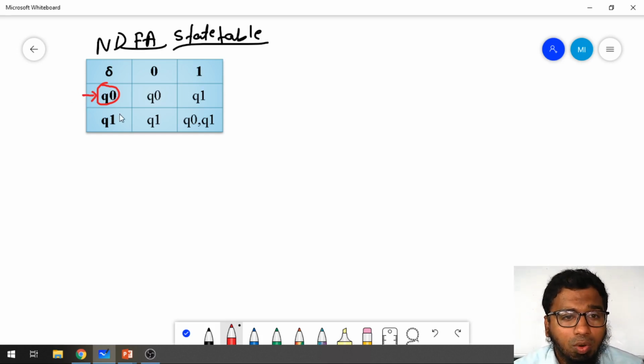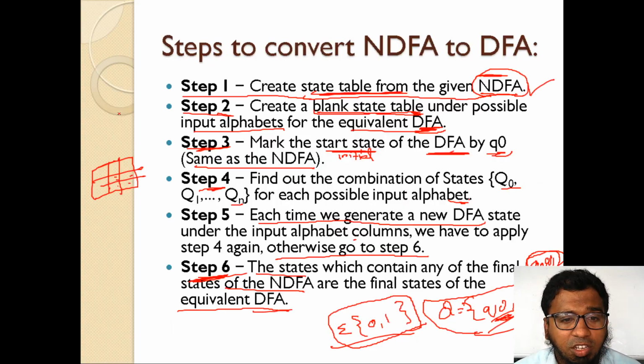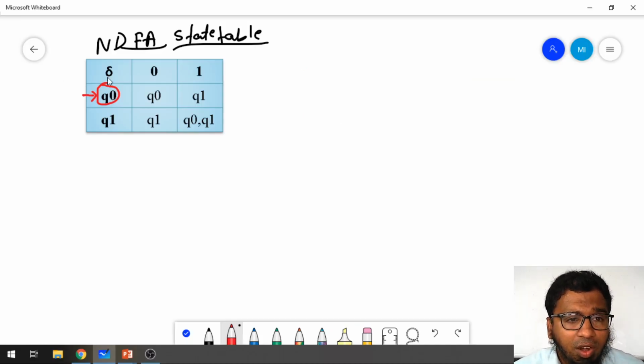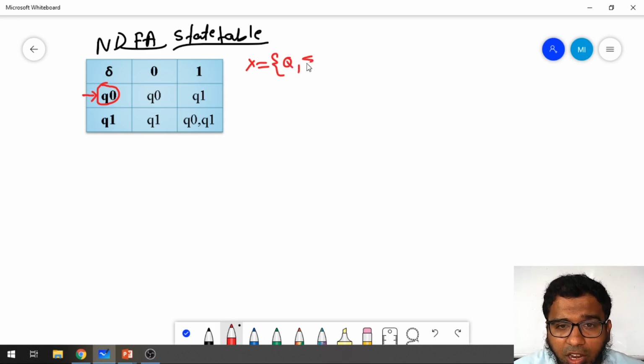So now here what it is telling, first create a state table for the given NDFA. So here when we create this, we need X equals Q, sigma, delta, comma Q0, comma final state.